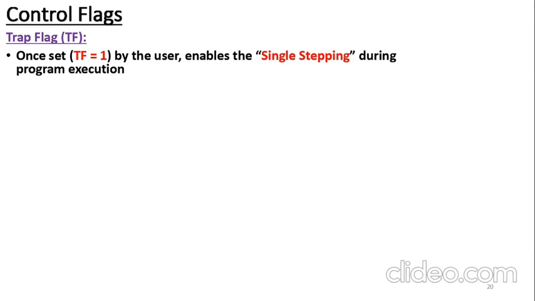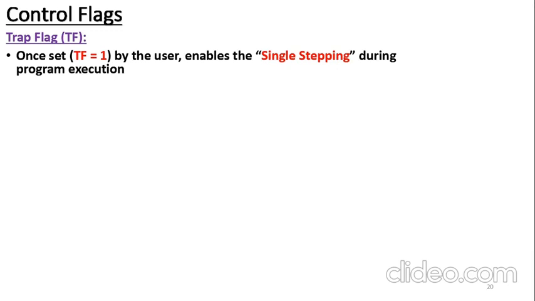Second instruction will be executed. Again after second instruction execution, single step interrupt is generated. Again it goes to the interrupt service routine. Again the modified contents of the result will be displayed because of the execution of the second instruction. It means that after every instruction execution, the processor stops and displays the consolidated result of the instruction which has just been executed.